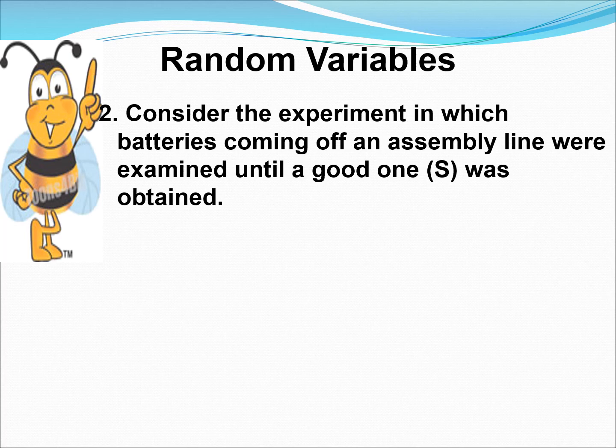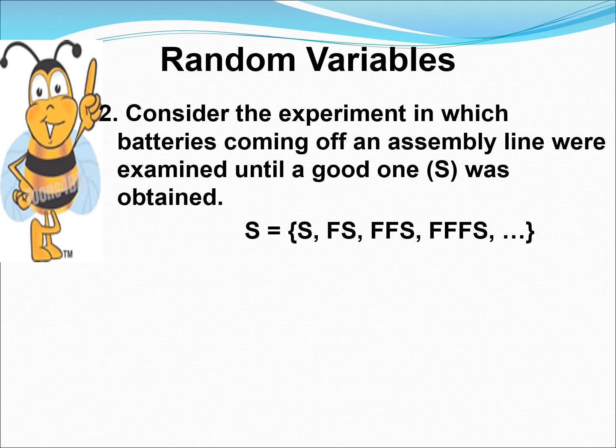Consider the experiment in which batteries coming off an assembly line were examined until a good one, S, was obtained. Okay, going back to the previous slide, the type of random variable is discrete because the sample space is countable.